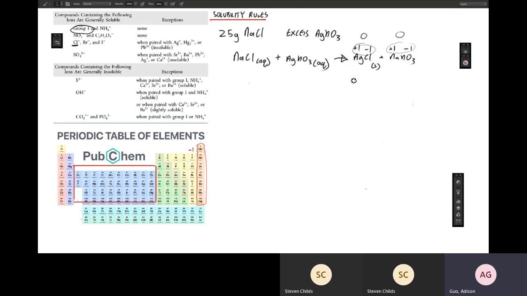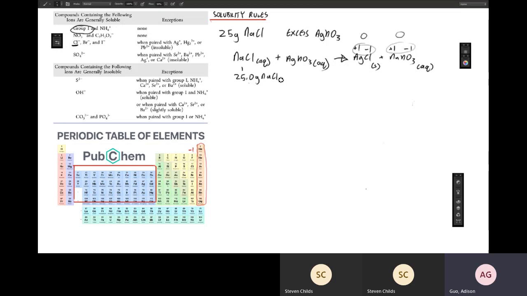It's a solid, because it's insoluble. Now this one over here, sodium is always soluble, as are nitrates, so this one dissolves into aqueous.